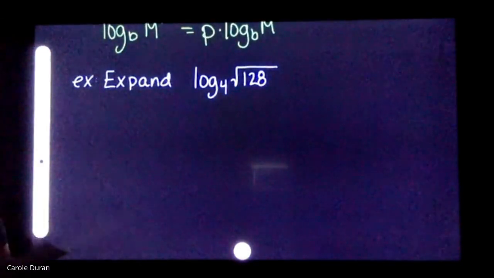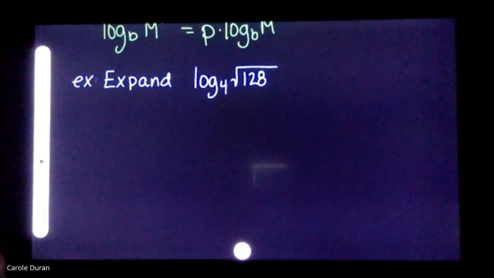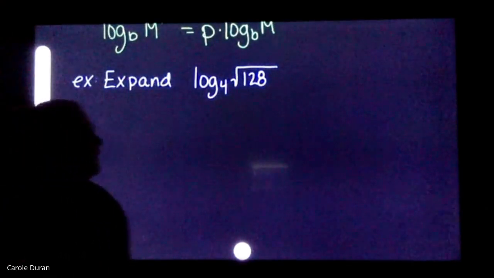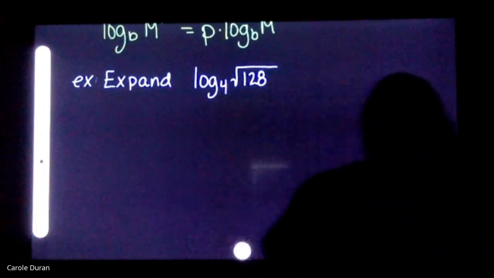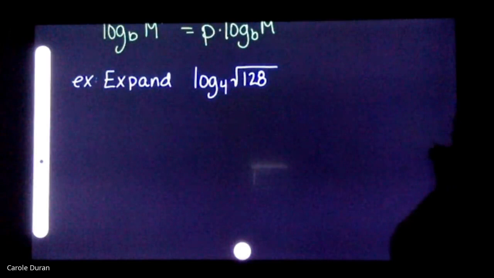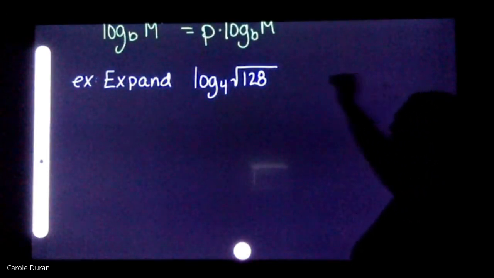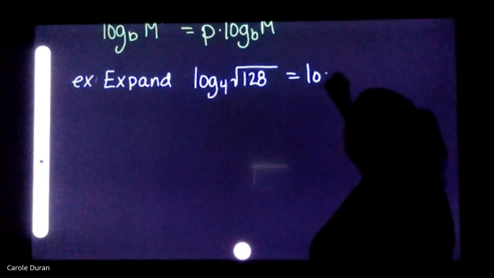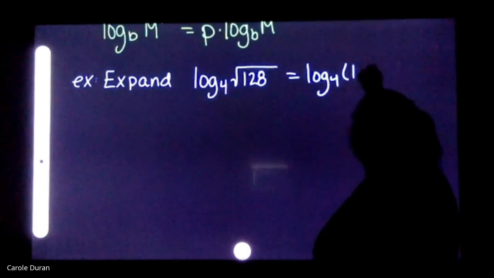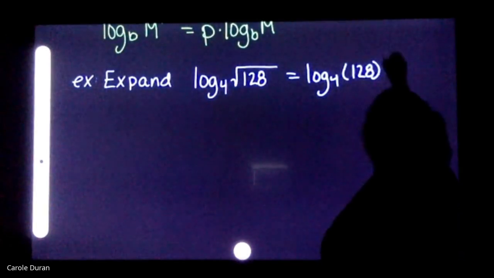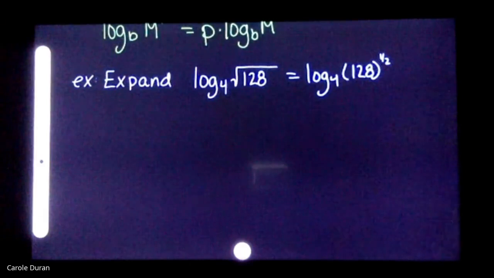The first thing I'm going to do is get rid of that square root because I really don't like it. I can't cancel it out though, which means I just need to rewrite it. When I take the square root of something, that is the same as raising that value to the 1/2 power. So that is the same as log base 4 of 128 raised to the 1/2 power.